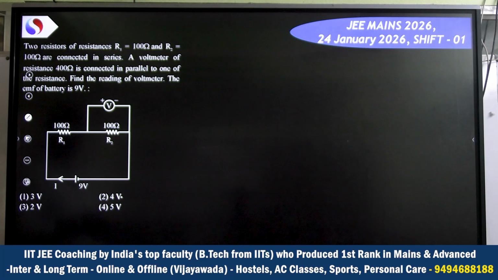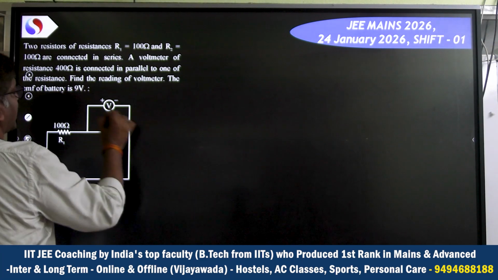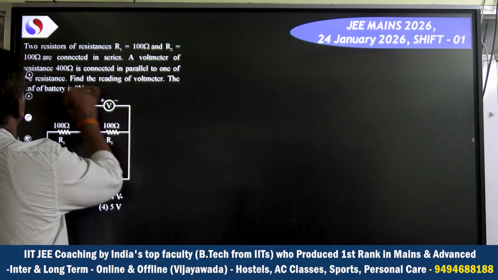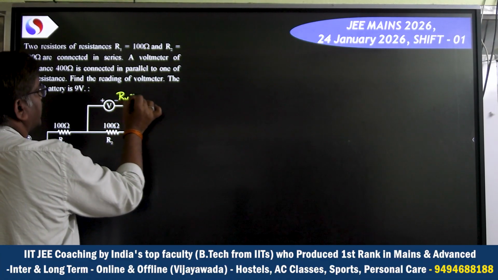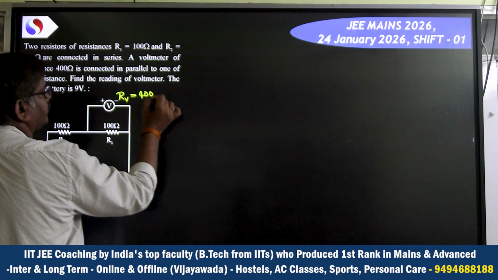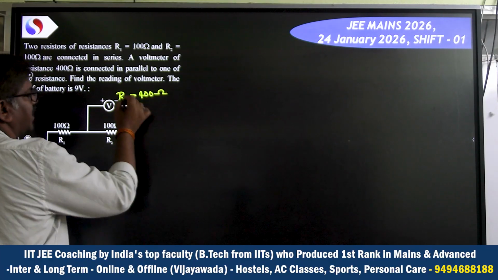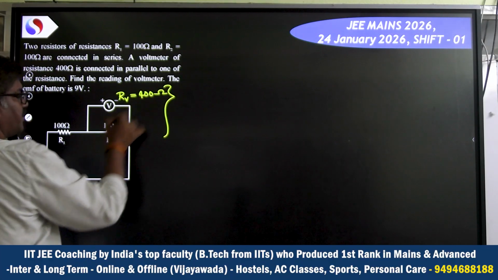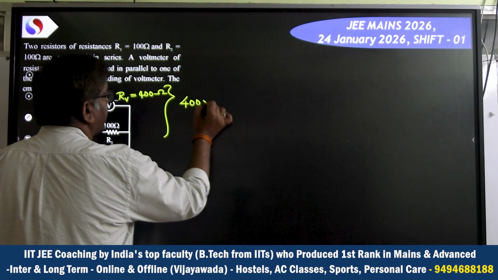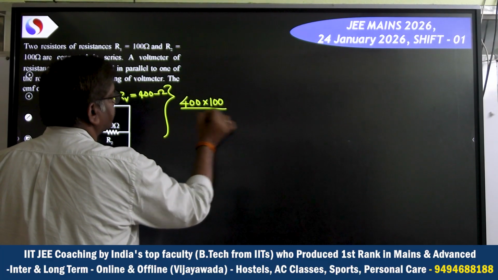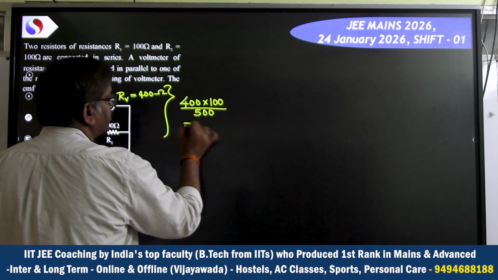Two resistances R1 and R2. Okay, so here the voltmeter is also not ideal. This voltmeter is also given to you as the resistance of 400. So RV is 400 ohm. That means the equivalent of this 400 and 100 will be 400 into 100 by 500, that gives you 80 ohm.